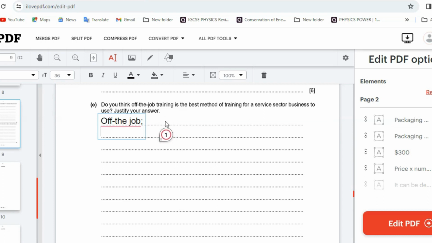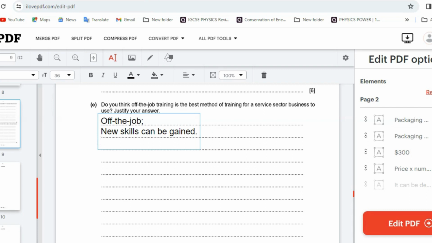By using off-the-job, of course, new skills can be gained. New skills can be gained. That is one of the advantages of using off-the-job training for the service business.